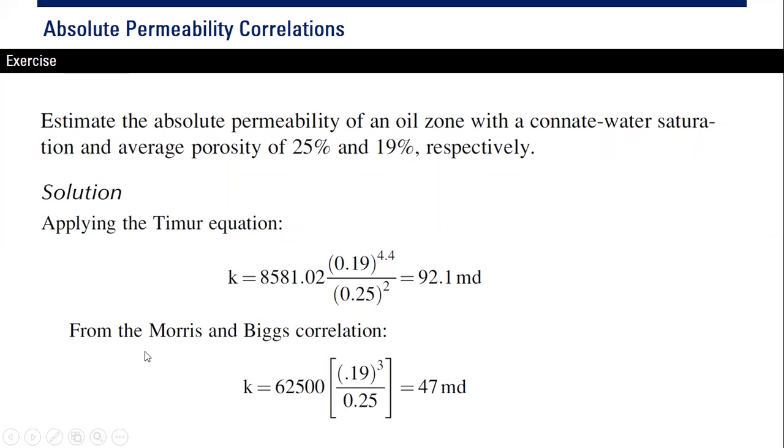And then we also can calculate with Morris and Biggs, and we get the permeability to be 47 millidarcy.